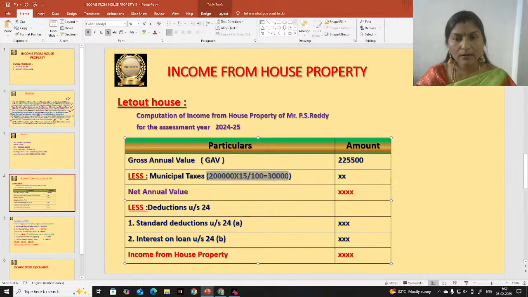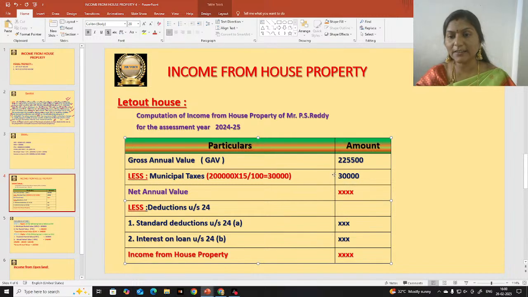And we will write 30,000 in the amount column. They did not mention whether municipal taxes are paid or due, so we can assume that those are paid. So how much is it? 30,000. I recorded 30,000.